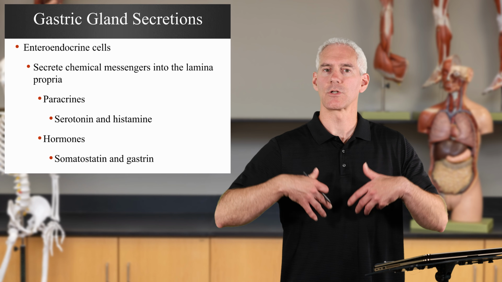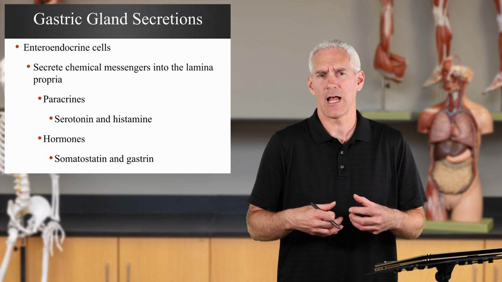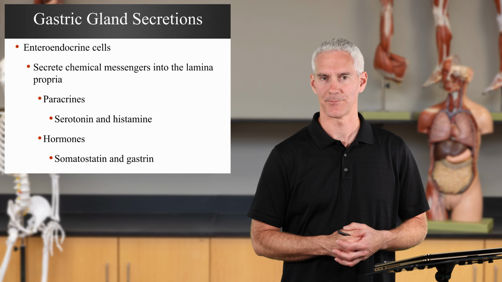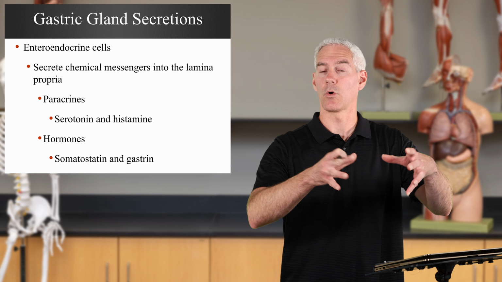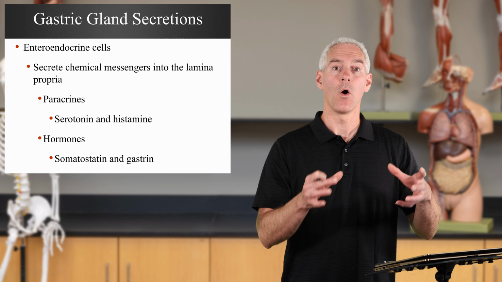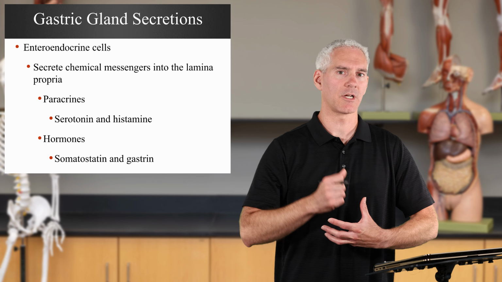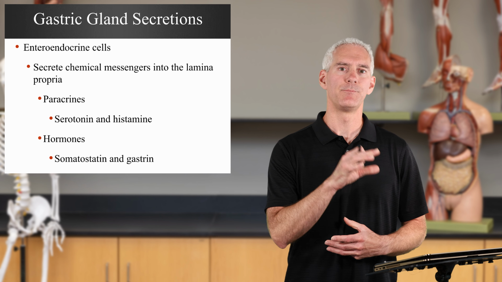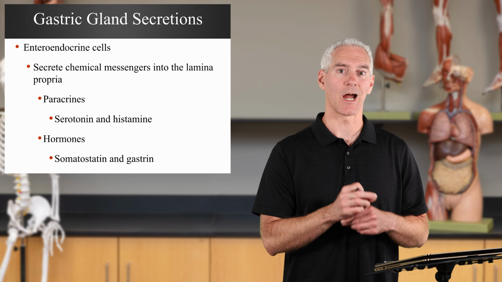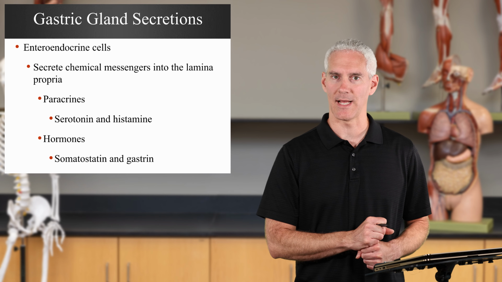So they're going to provide more control mechanisms, not just in the stomach, but also aid in other areas as well. So paracrine is localized control and secretion, and hormones go all throughout the entire bloodstream. Both of these types of chemical messengers are coming from the enteroendocrine cells.